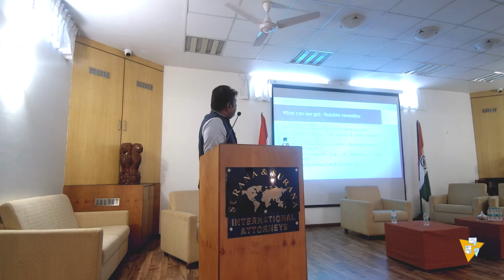And what are the other possible remedies which you can get? The most important remedy is the preliminary injunction. Even before the Commercial Courts Act came into the picture, we know that we are a country of billions of people, but we do not have adequate judicial infrastructure.